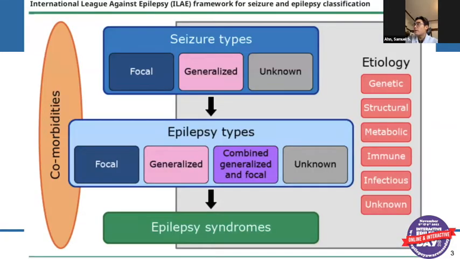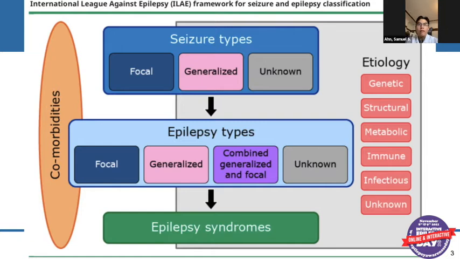So the first diagram I have shown here is one from the International League Against Epilepsy, which is a consortium of many different physicians, providers, anybody who basically has devoted their time to understanding seizure disorders and working against epilepsy.